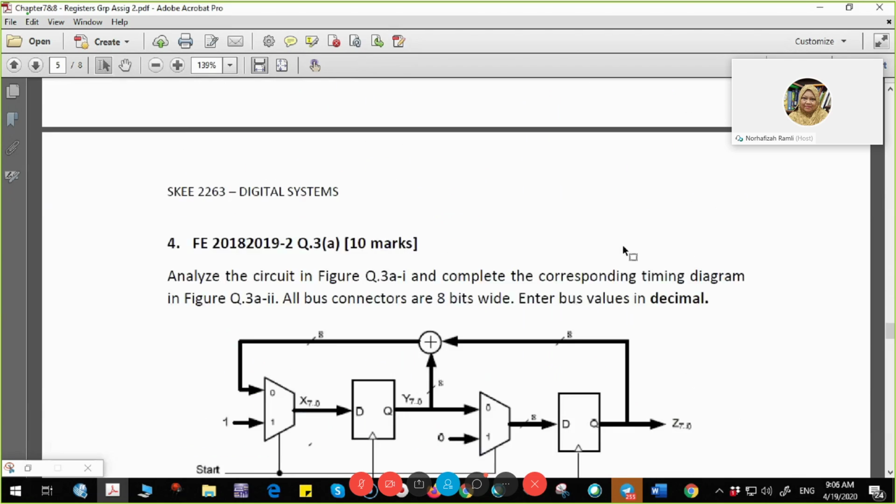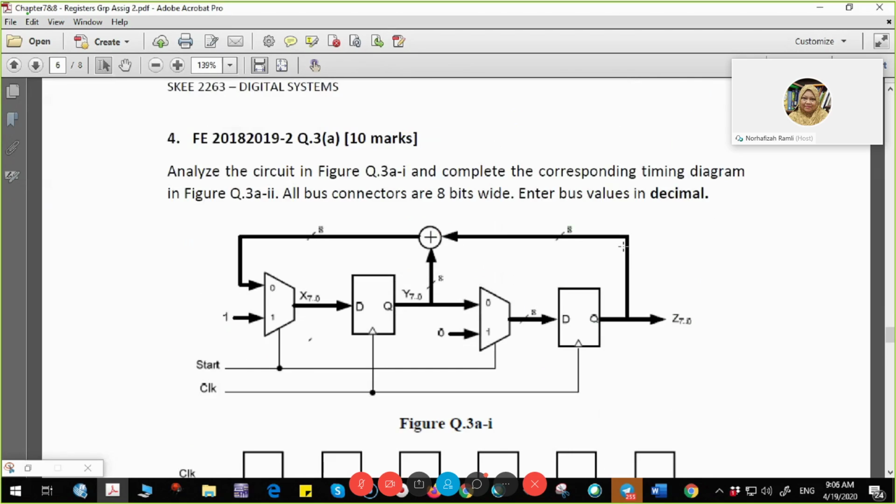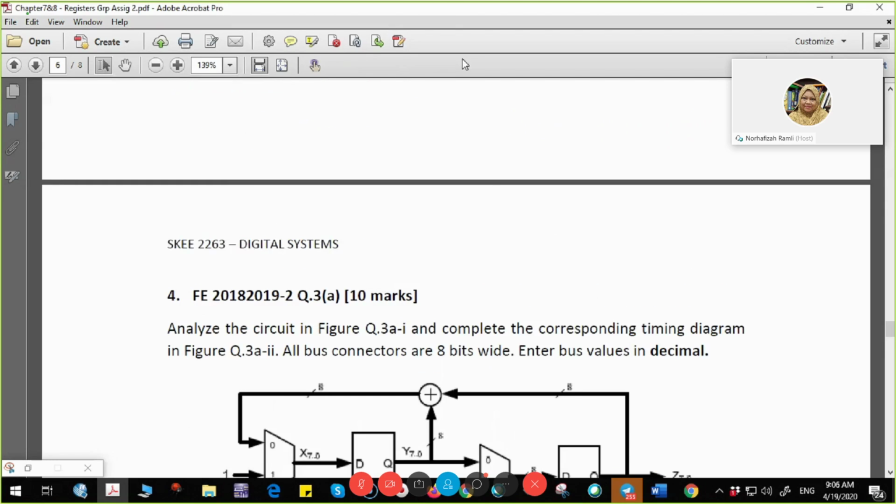This question. Or do you just want the answer? Who is doing the simulation? I'm sharing the screen. Yeah.